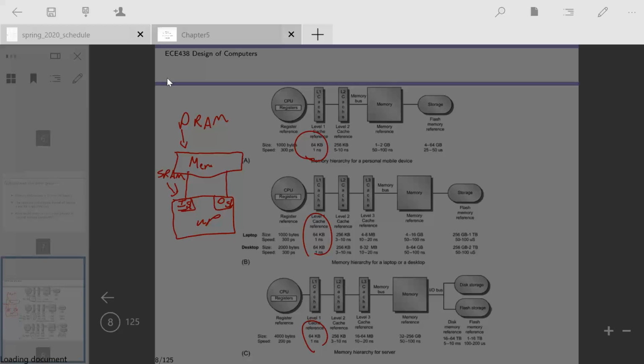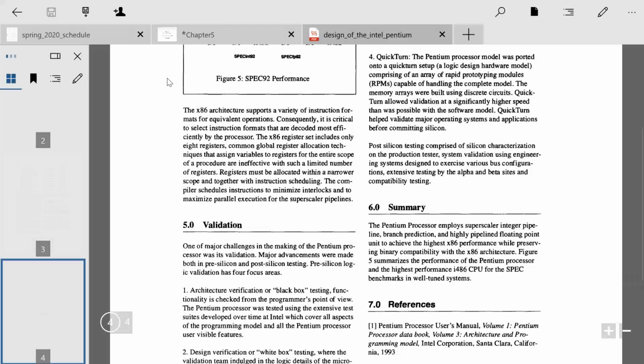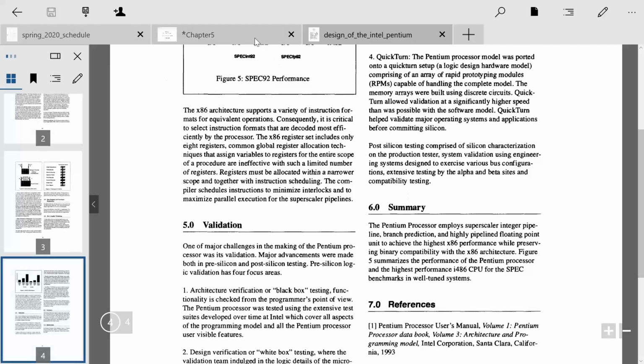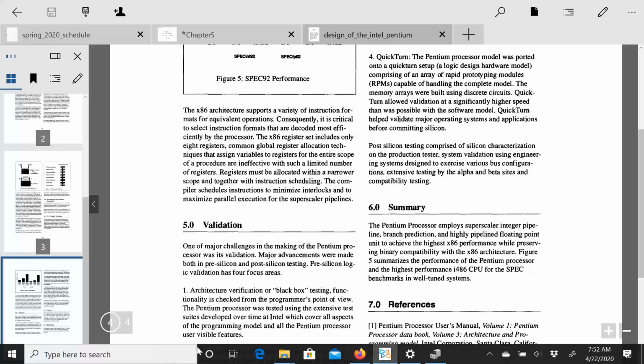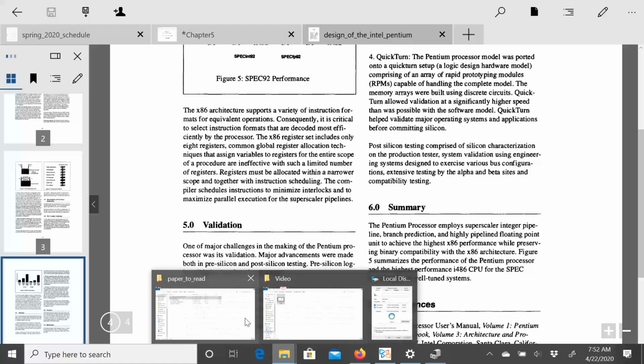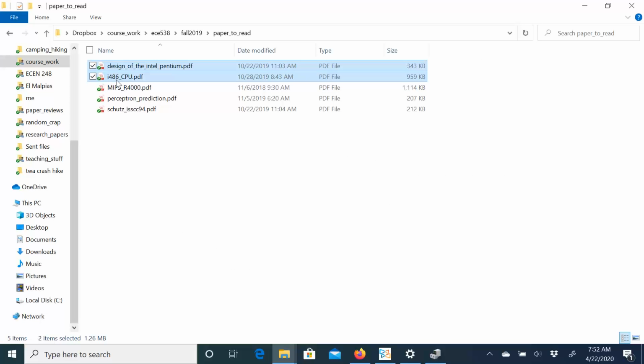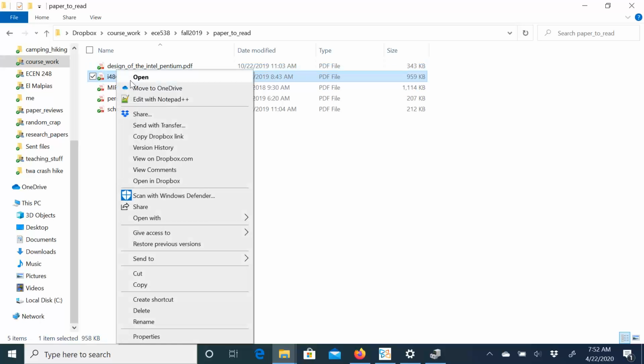It didn't give me an open with option, but I think it usually opens with this by default. Okay, so it has not loaded the 486. Okay, thank you. Appreciate you doing that for me. All right, let's see.